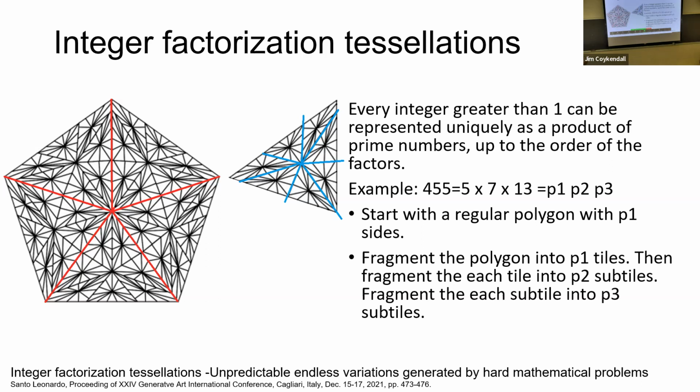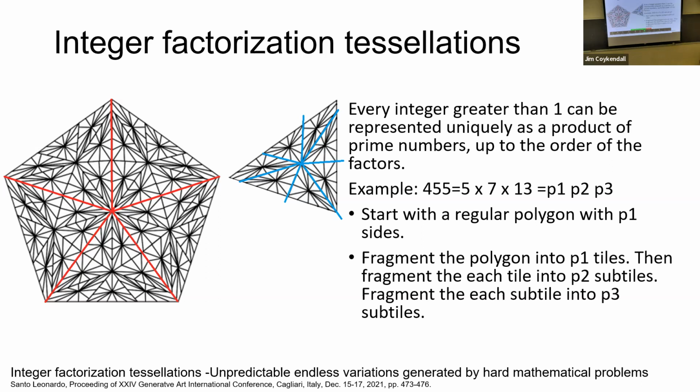Then in order to get a tiling with 455 tiles, I will start with a regular polygon with P1 sides. So here it will be a pentagon of 5 sides. And then for each piece, I further partition it into 7 tiles, because here is a 7. And I would do it for each of these subtypes. And then at the end, for each type, I further divide it into 13 pieces. And of course, at the end, we will get 455.